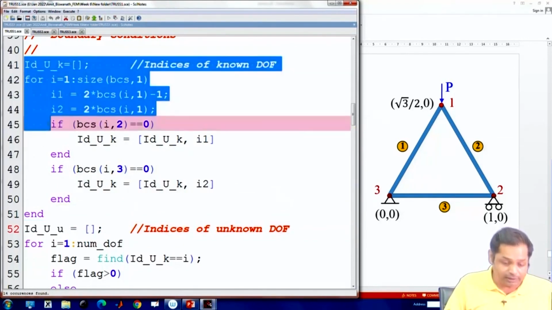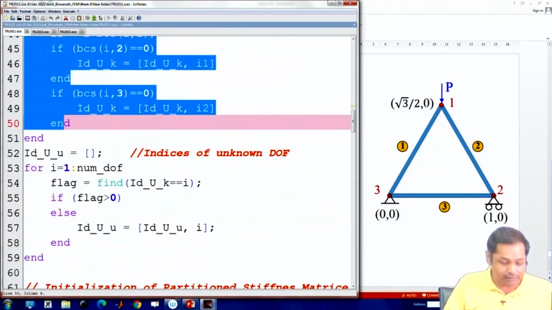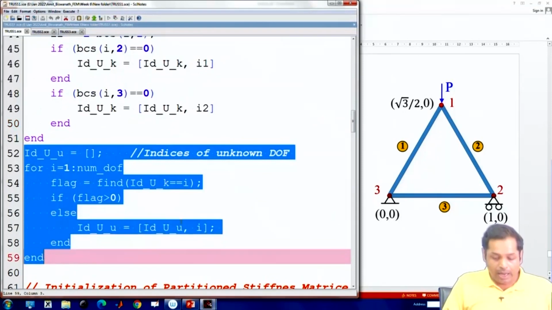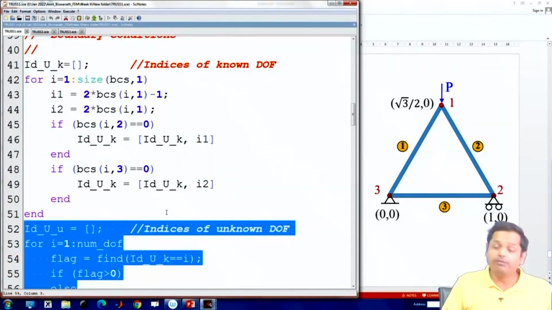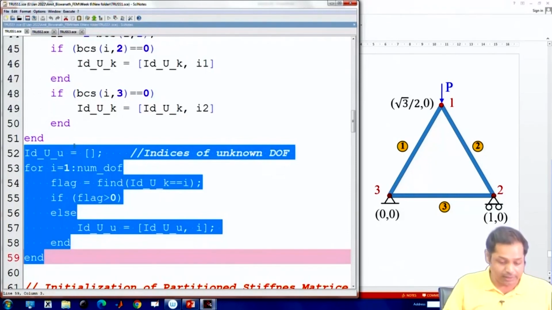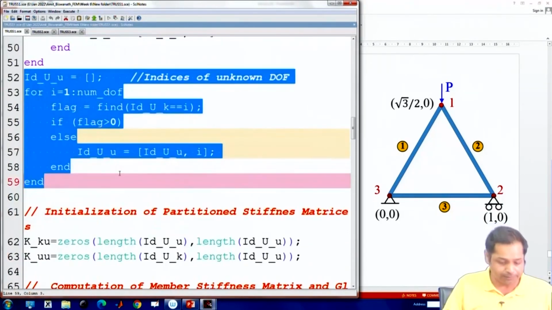Based on the boundary condition information, these indices are now determined. This will help us when we do the partitioning, when we separate those and write the condensed equation.